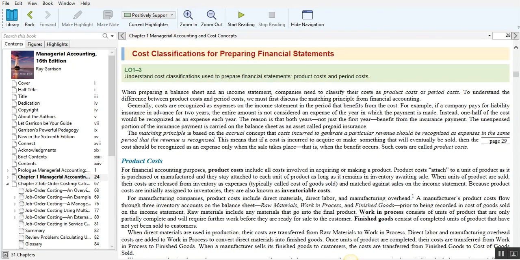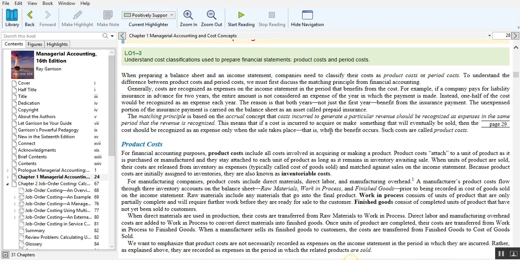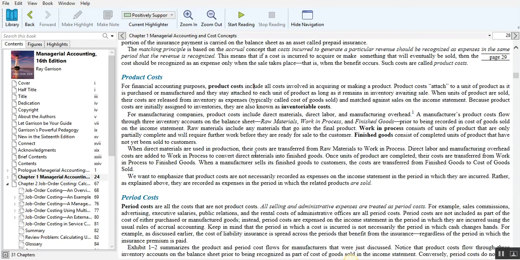And then when we're classifying costs, when we're doing a financial statement, many times we're going to look at how a cost is classified for a financial statement in order to determine how it should be treated. So, for example, a product cost is a cost involving what it takes to acquire or make a product.